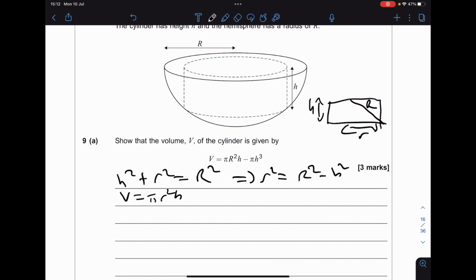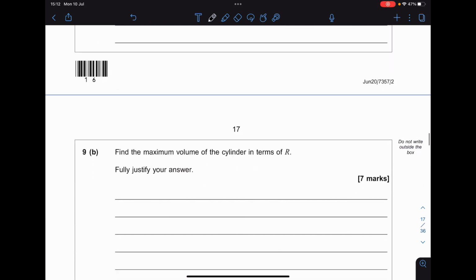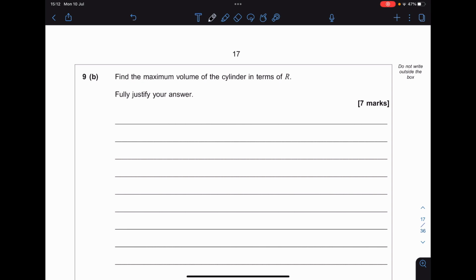That's one of the things you have to remember. Which is then going to give you pi times R squared minus h squared times by h, which is just pi R squared h minus pi h cubed. Okay. Fairly straightforward, that really, when you draw a diagram. That's why I recommend all my students to draw a diagram, because it does help a lot.